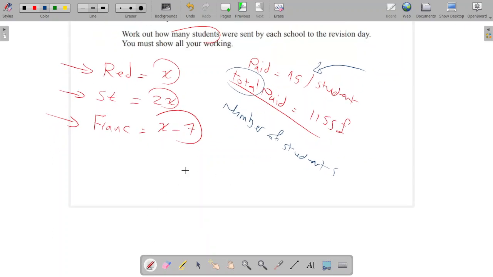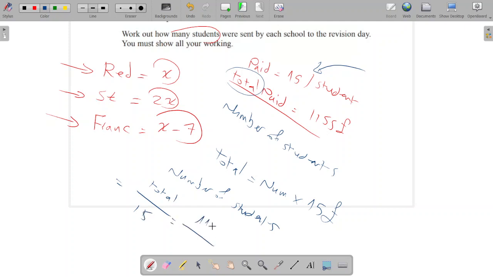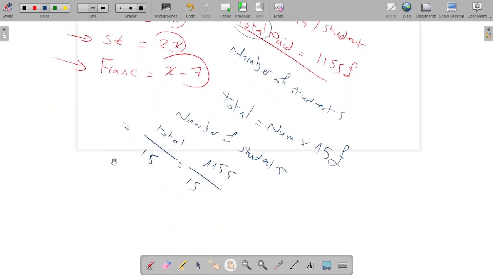The total paid is going to be equal to the number of students multiplied by the £15. From that, I can know the number of students by dividing the total over 15, which is going to be equal to 1155 over 15. That's the number of students.